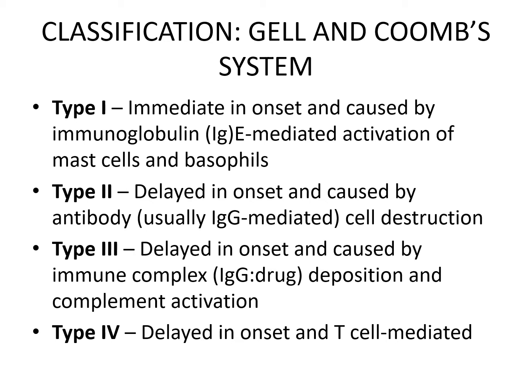Type 1 is caused by IgE mediated activation of mast cells and basophils, whereas type 2 is antibody mediated, that means IgG mediated cell destruction. Type 3 is called immune complex deposition and complement activation, a combination of IgG and drugs get deposited and cause further reactions. And type 4 is T cell mediated. So all these types are possible.